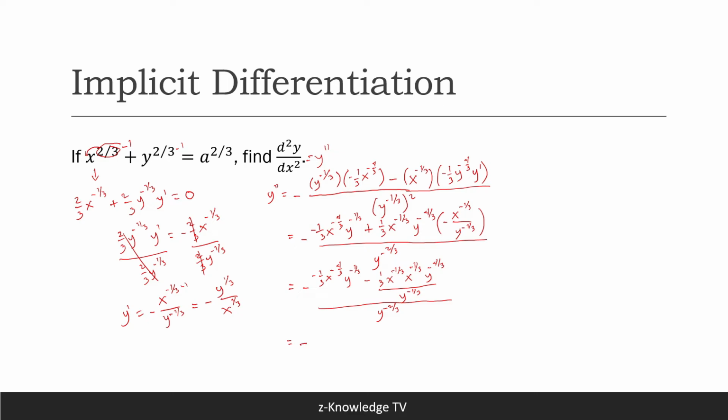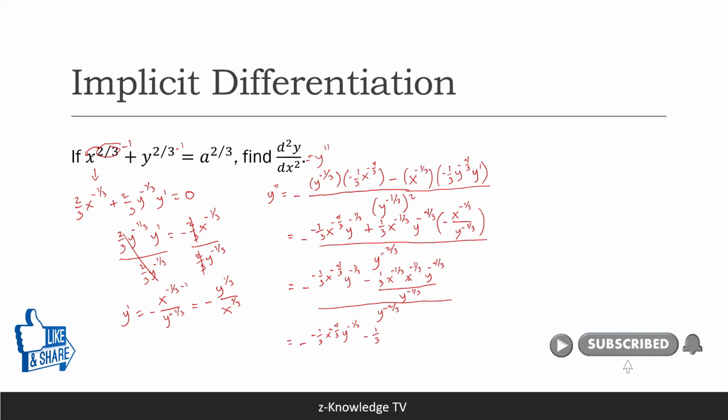Okay, so next, copy ulit natin, so pagsasamahin natin 'to. Di-divide natin 'to. So, minus 1/3 x raised to negative 4/3 y raised to negative 1/3 minus 1/3. Pag pinagsama natin 'to, magiging x raised to negative 2/3.